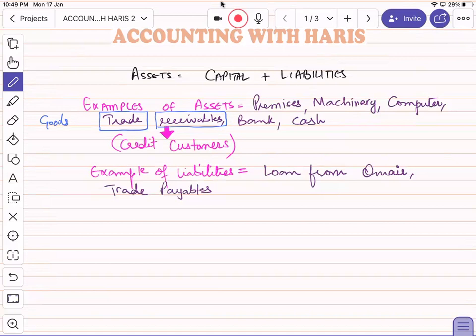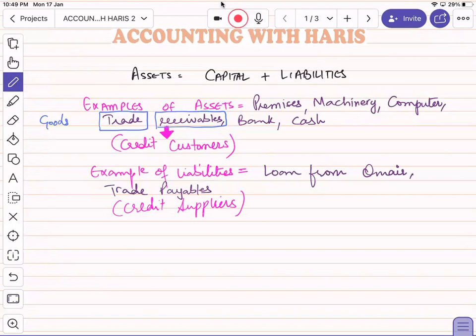Now if I go on to examples of liabilities, loan from Umer. If I have taken any loan from a third person or anyone, that is referred to as a liability, because I'll have to pay it off in future. There's also another liability called trade payables. Similar to trade receivables, trade payables are credit suppliers. Payables means we have to pay back in future, and trade refers to goods.